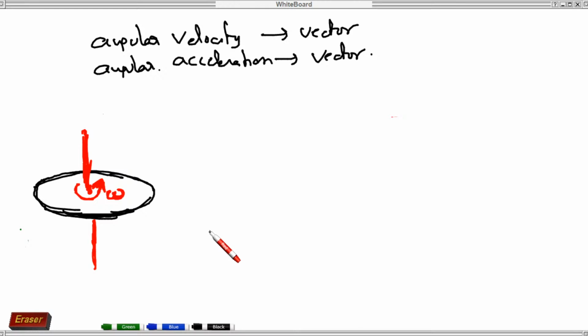How do we find the direction of the angular velocity vector? Here the direction is anti-clockwise. So we have the right hand screw rule.